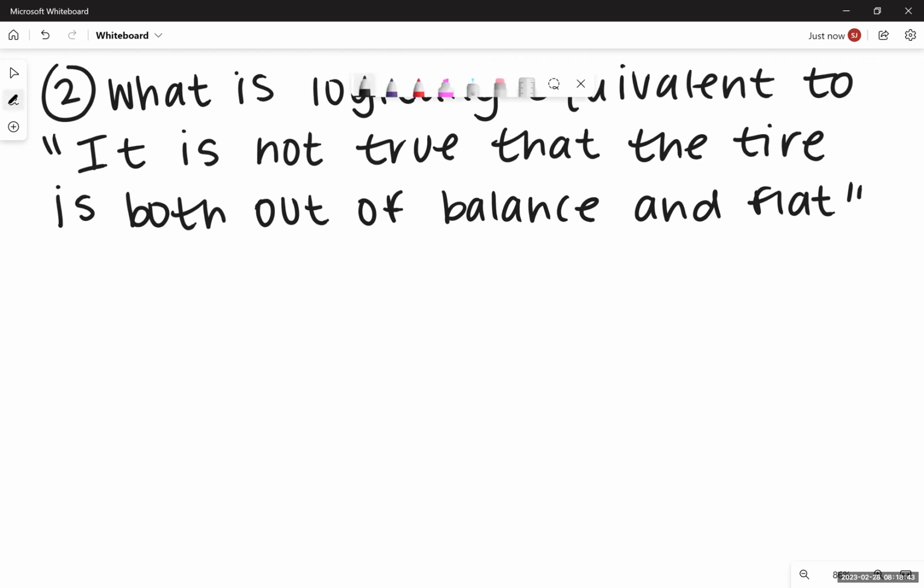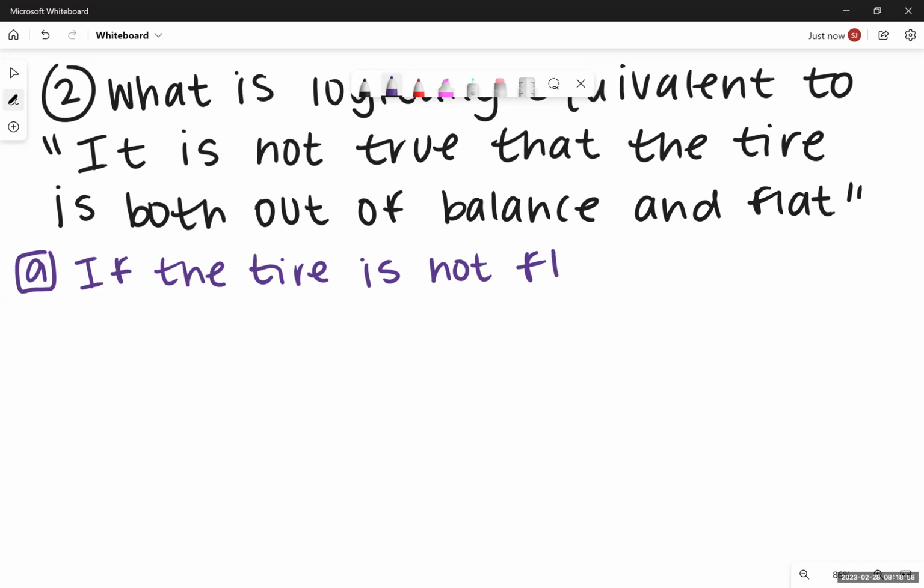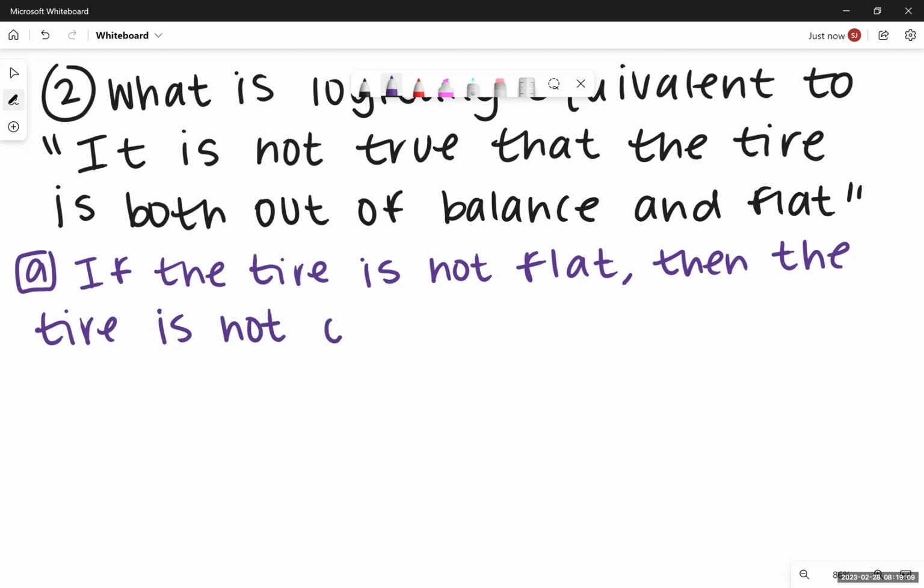Okay, so I'm going to change to purple because I have purple in here. The first one that I have is: if the tire is not flat, then the tire is not out of balance.